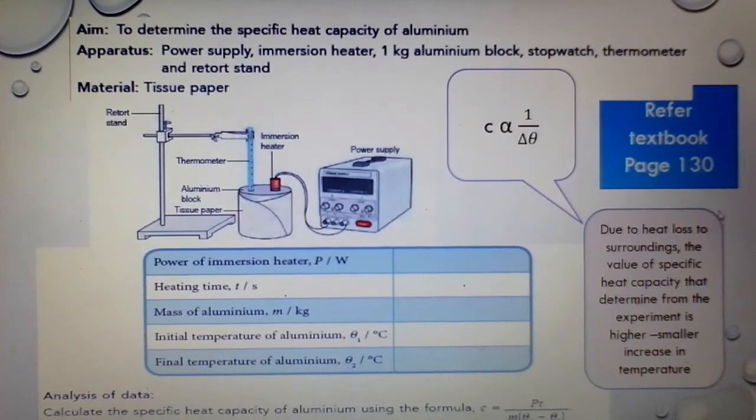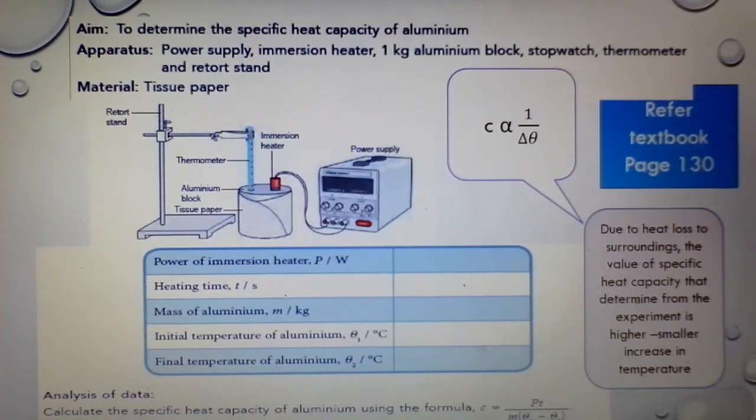Okay, now, due to the heat loss to surroundings, the value of specific heat capacity determined from experiment is higher compared to the actual value. Why? We cannot get exactly the same as the actual value because our assumption is there is no heat loss to surrounding, meaning heat energy supplied by heater equivalent to heat absorbed by water.